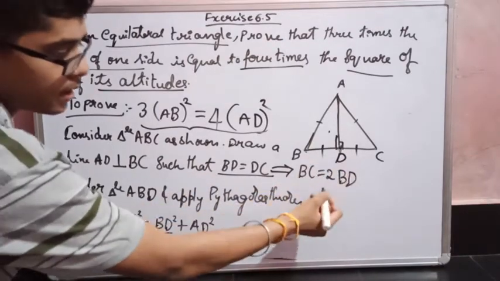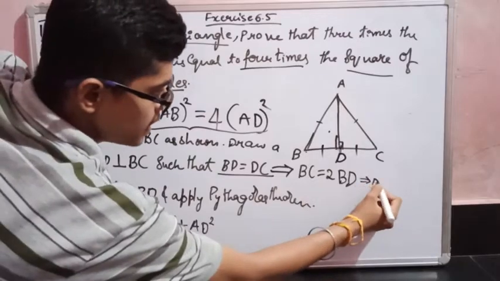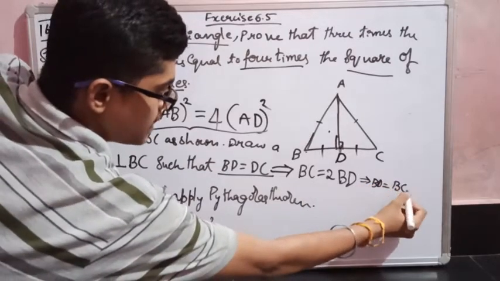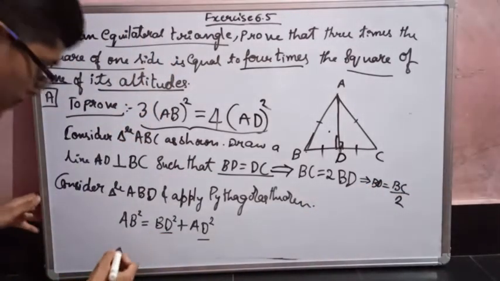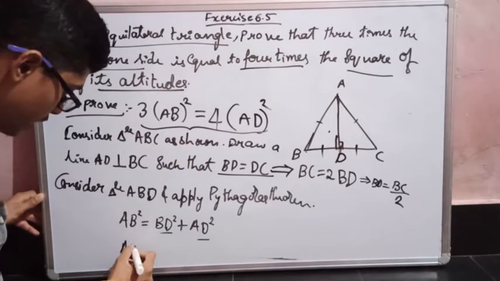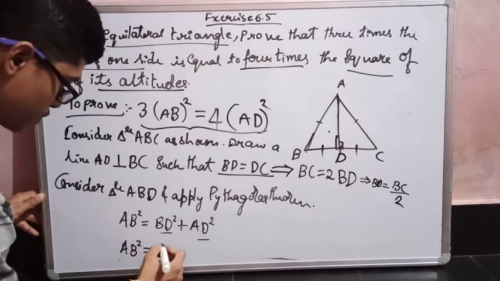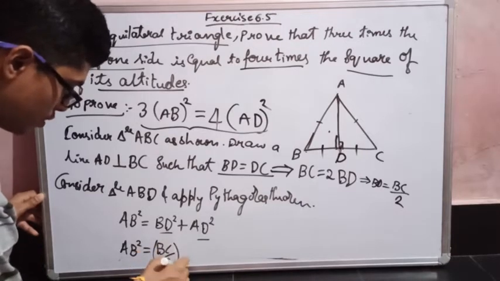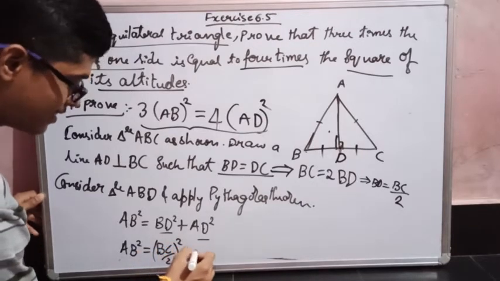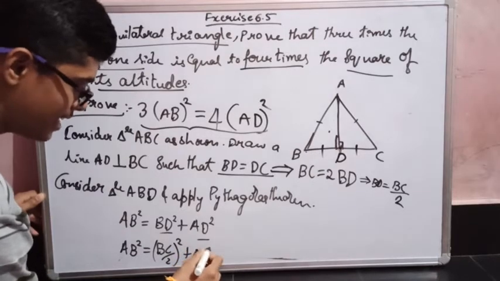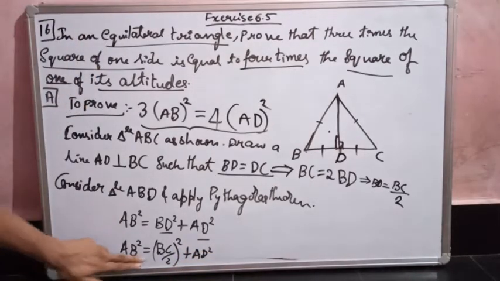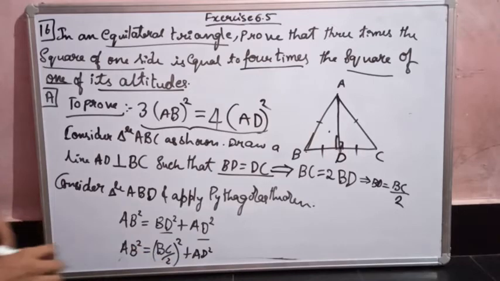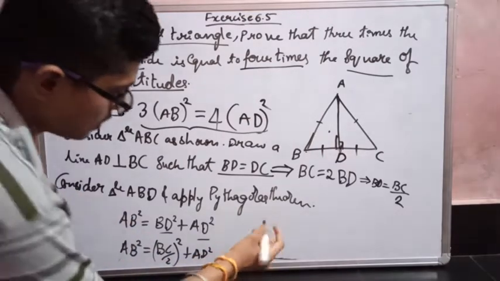As you can see in the figure, BD is nothing but BC by 2. If I substitute that over here, I will get AB square is equal to BC by 2 whole square plus AD square. Let me write it over here.